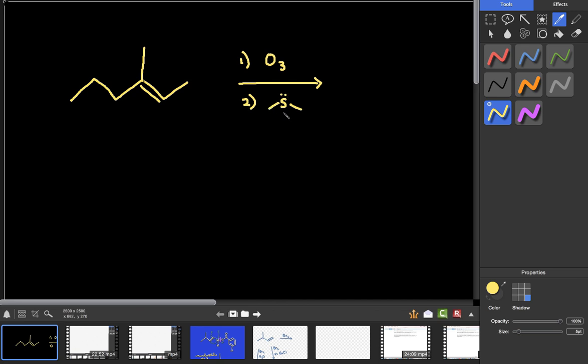And the whole idea with ozonolysis, before we get into mechanistic details, is a little trick I learned in graduate school with ozonolysis.